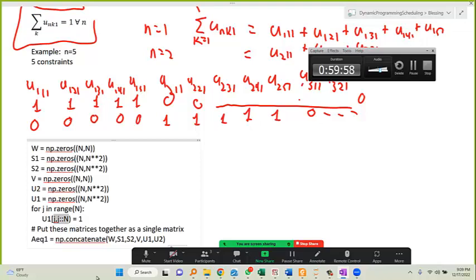Now, in this case, the first one starts at 0. With Python, the first index is always 0. So this one is going to start at n times j.